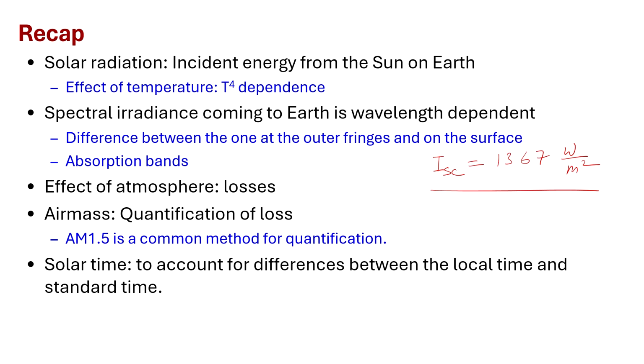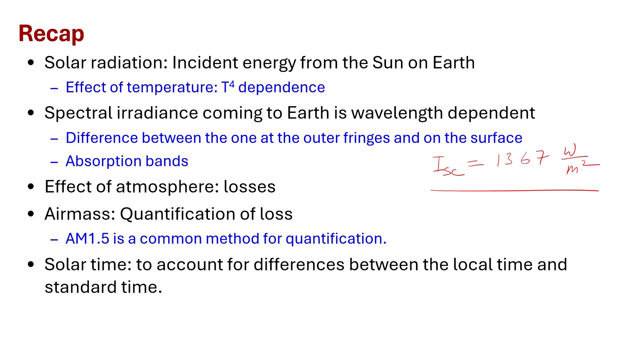Air mass is the quantity that we considered as one tool to quantify the losses, and typically for countries like India, countries in the northern hemisphere above the equator, unless they are on the poles or in the temperate region, we use a factor of AM 1.5, which is a common method for quantification of solar radiation.